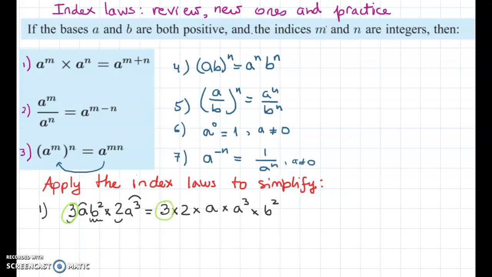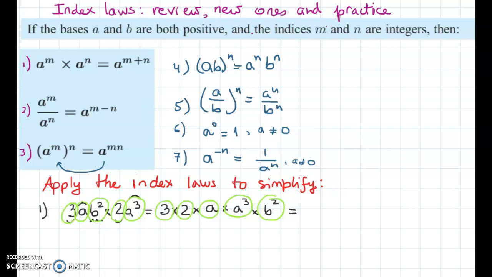The number 3 is here, then the number 2 is here. Then a copy of a alone is here, and then a cubed is over here, and then b squared is here. So I just quickly made sure that I didn't forget anything, and I didn't write anything extra either. That was just a check for myself.